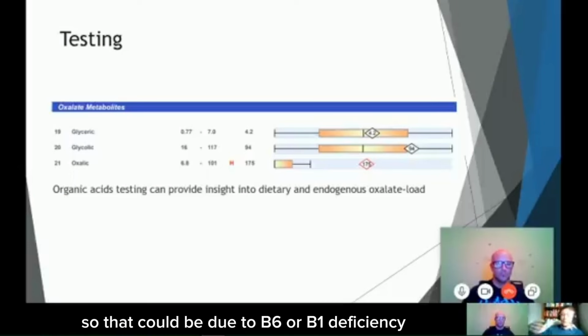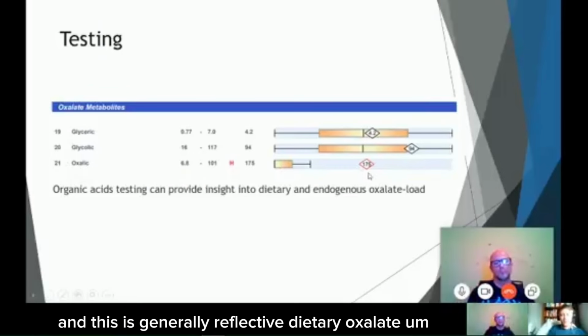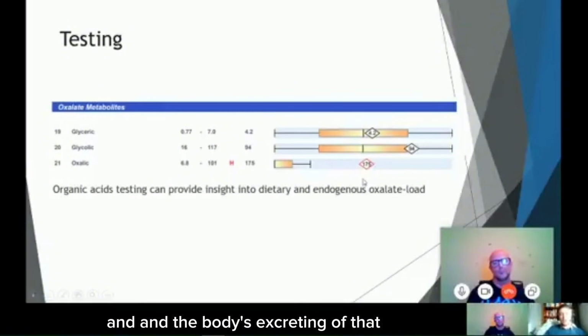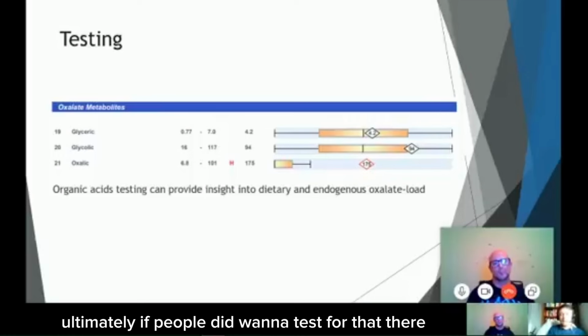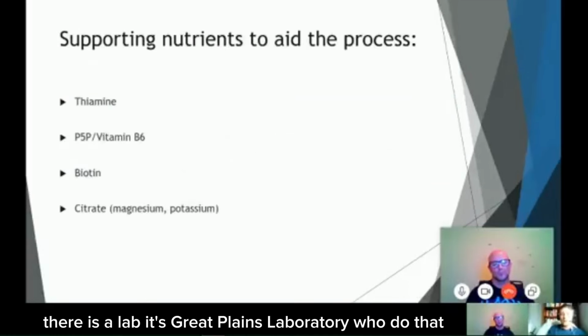That could be due to B6 or B1 deficiency. At the same time, you also have oxalic acid, and this is generally reflective of dietary oxalate, and the body is excreting that. So if people did want to test for that, there is a lab. It's Great Plains Laboratory who do that.